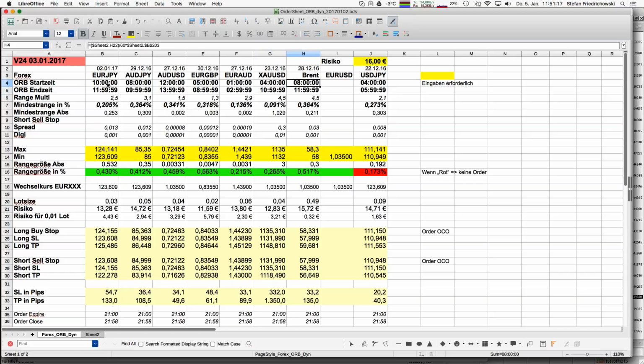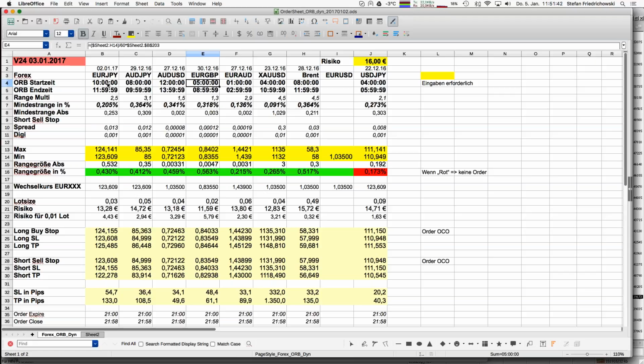For Brent oil from 8 to 12. And so on and so on. And those numbers are applicable right now. But they will change, because all those numbers change over time. Not very often, but from time to time.